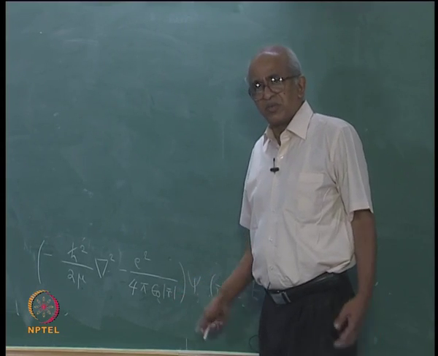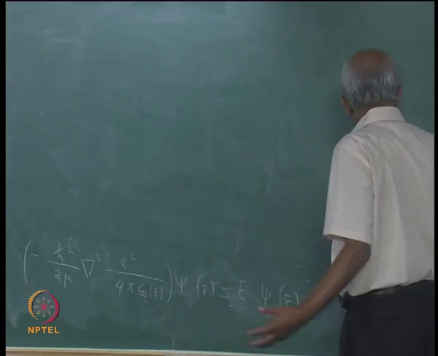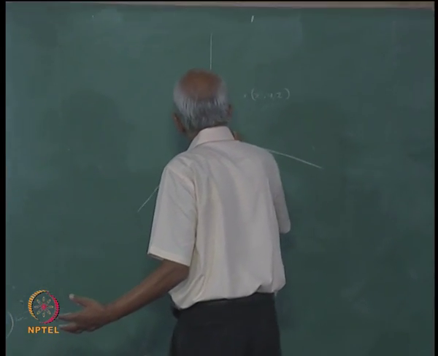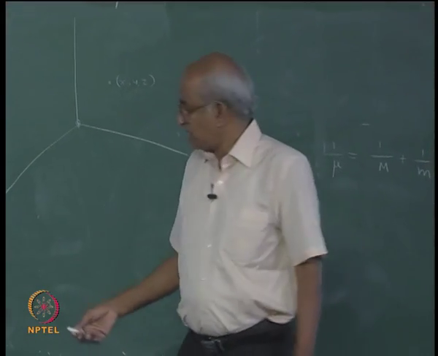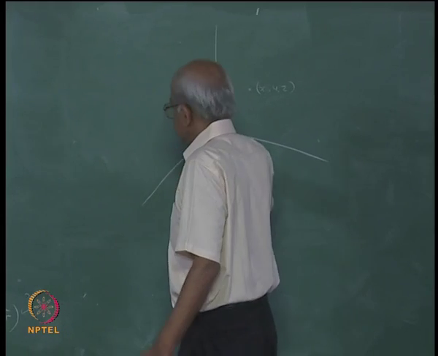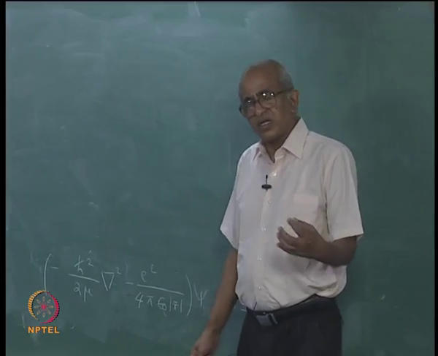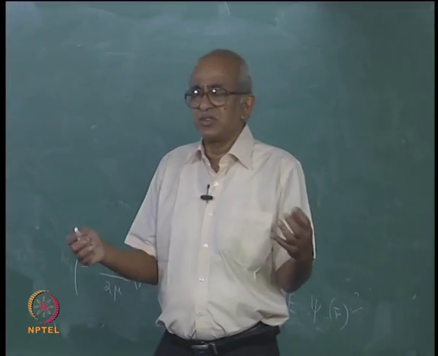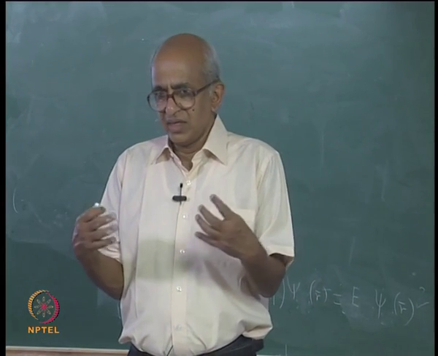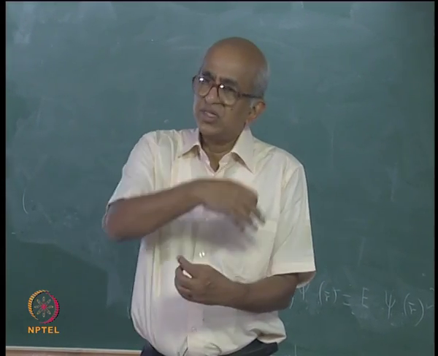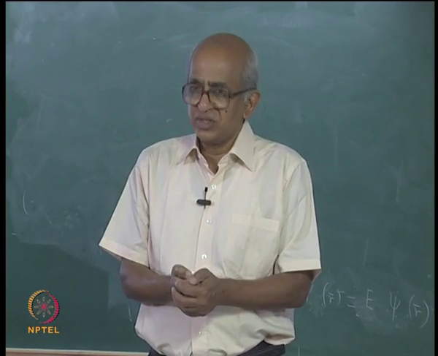This term actually represents the interaction with the nucleus, which we can say is now here. It is as if it is interacting with the nucleus which is situated at the origin. If the nucleus was at the origin, then this would have been the interaction energy. So, all that you are saying is that effectively this is equivalent to that of a single particle moving in the presence of a nucleus which may be thought to be at the origin.